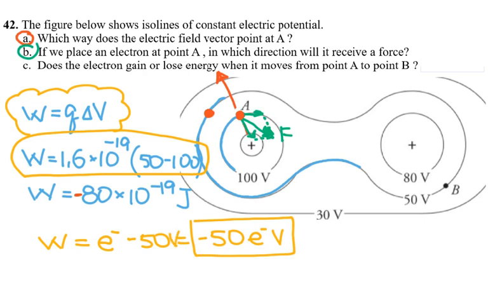Because this is measured in volts and this is the electron, when I multiply them, I can say it is negative 50 electron volts. But then you have to think about whether it gains or loses potential energy, not looking at the sign itself, just from the problem. Because it's an electron, it wants to speed up toward the positive charge. The farther away you move the electron, the more potential energy it has, and the closer it gets back to the positive charge, the more kinetic energy it will gain, because that potential energy is going to turn into kinetic energy when it speeds up toward the positive charge.